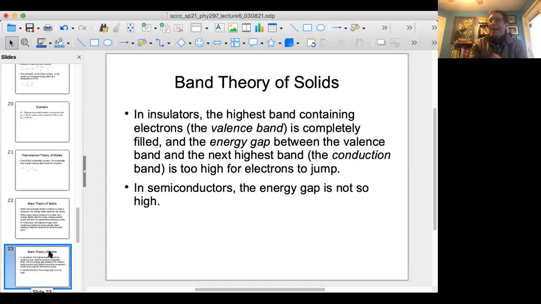Getting back to physics 2, you need a strong electric field to get the electrons to cross through the air. The electrons need to have a lot of energy before they can get to that next band, to jump and make conduction possible.